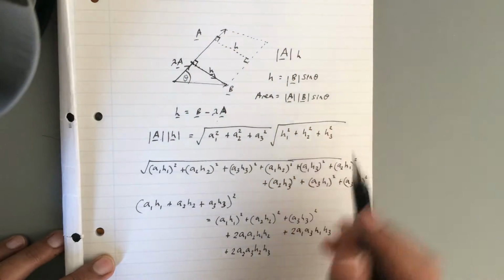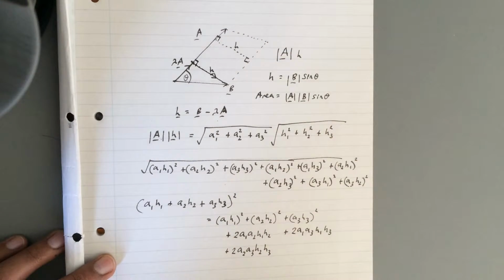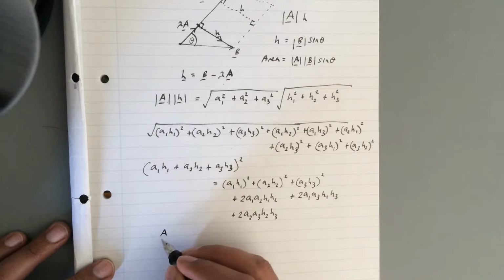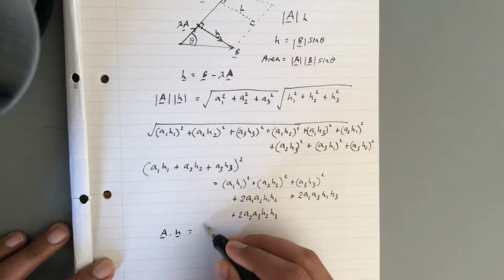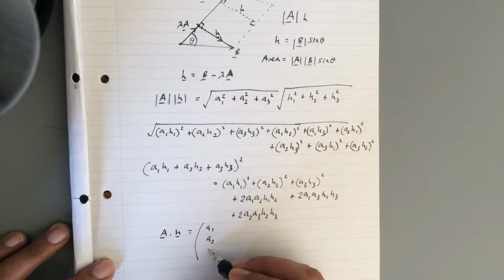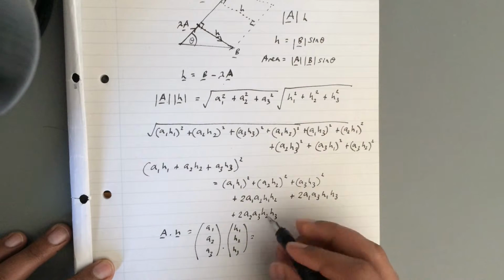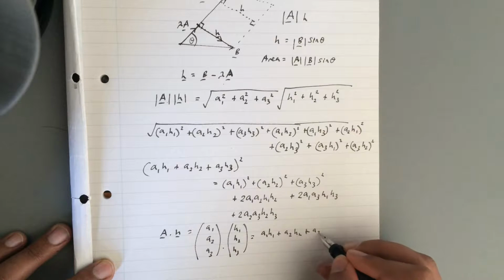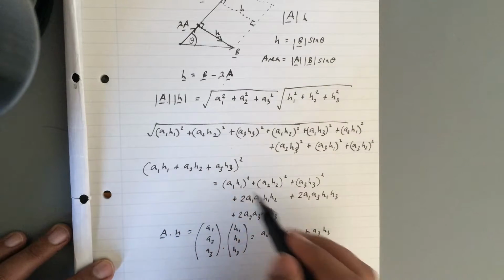We have a 90-degree angle there, and if we take the dot product of A and H, we're going to get this, which is what's in there.